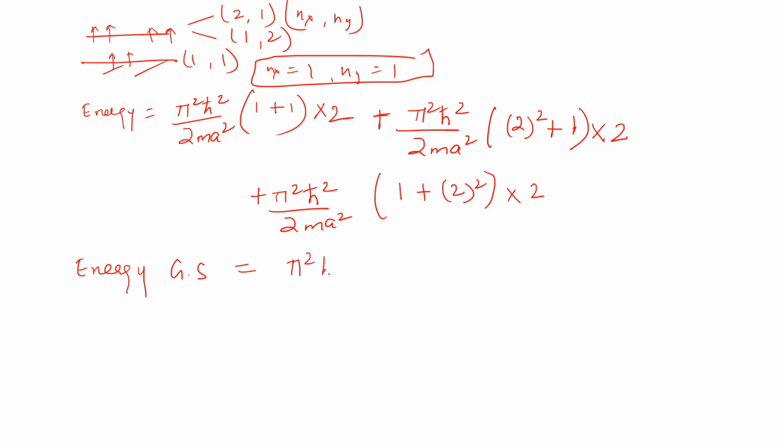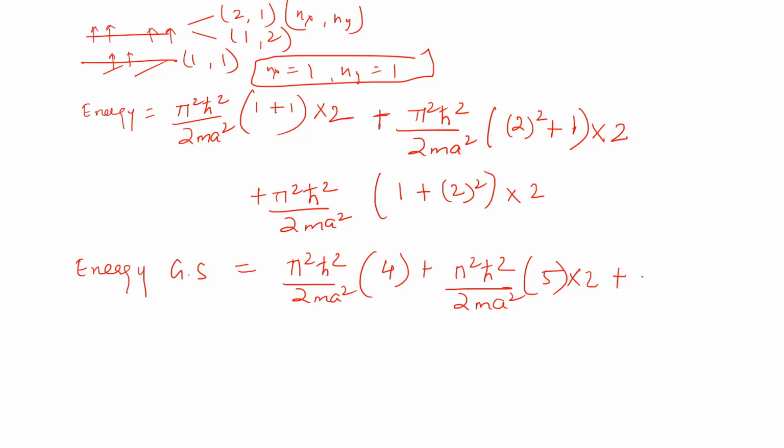Pi square h cross square upon 2ma square: 2 into 2, 4. Then 5 into 2, and again 5 into 2.